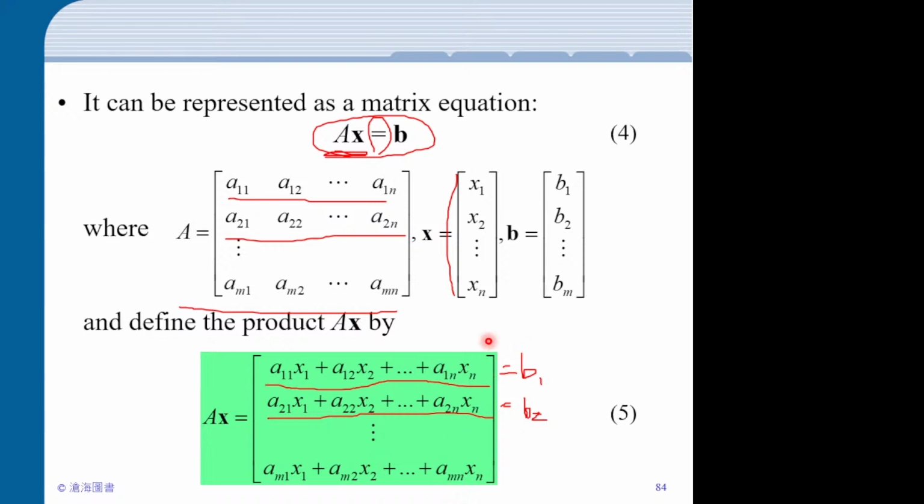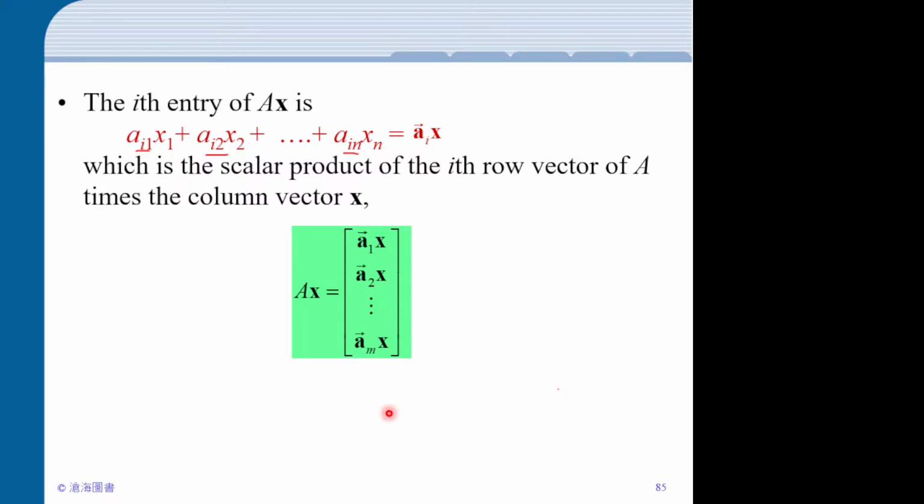And here you see why we talk about the partition of A into row vectors and column vectors. Here the partition into row vectors is useful, right? Each row vector is multiplying with this x and getting you an equation.